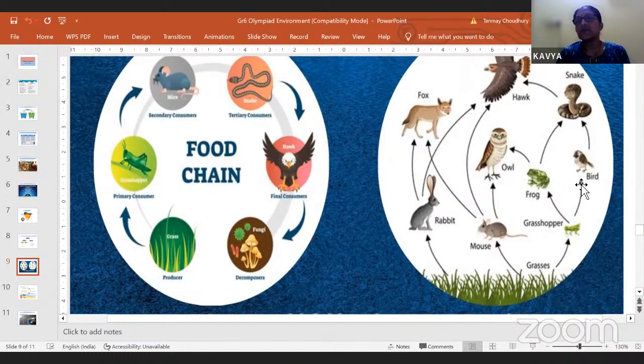The grasshopper is eaten by bird. It is also being eaten by frog. The bird is being eaten by snake, and the snake is being eaten by the hawk. So here there is a network of food chains. So many food chains, when they are put together in an ecosystem, that becomes a food web. So this is a food web.